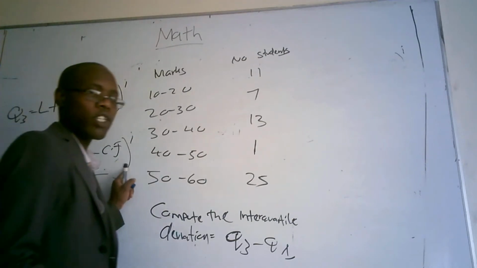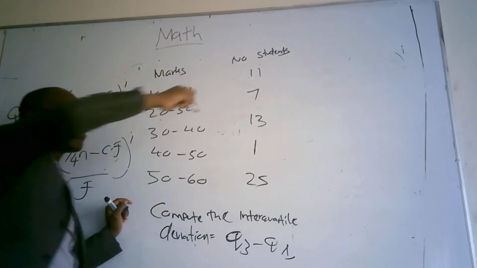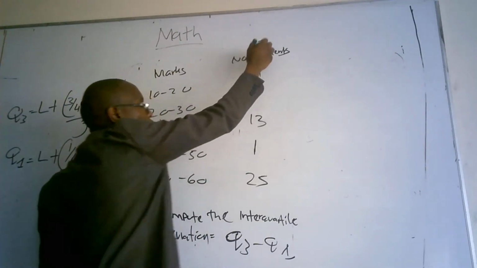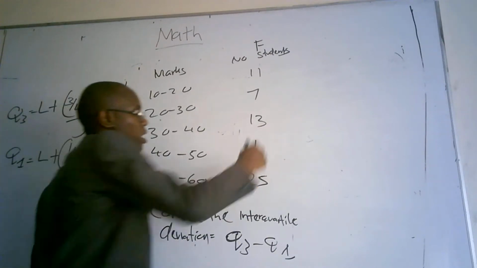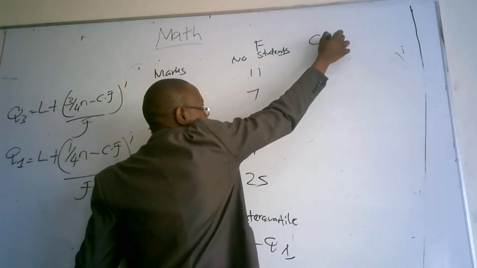Because now we have the cumulative frequency here, the number of students is going to be our frequency f. So we get the cumulative frequency.